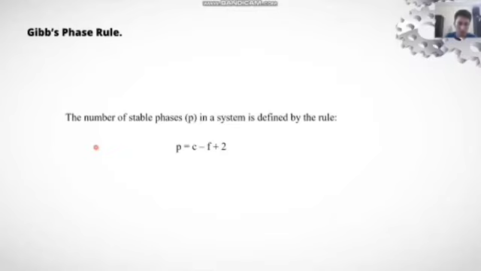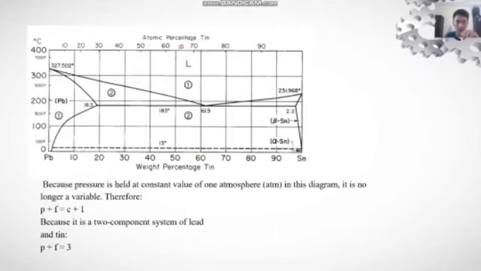The number of stable phases, or P, in a system is defined by the rule P equals C minus F plus 2, where F is the number of independent variables and C is the number of components in the system. For example, a basic iron-carbon system is a two-component system consisting of iron and carbon.